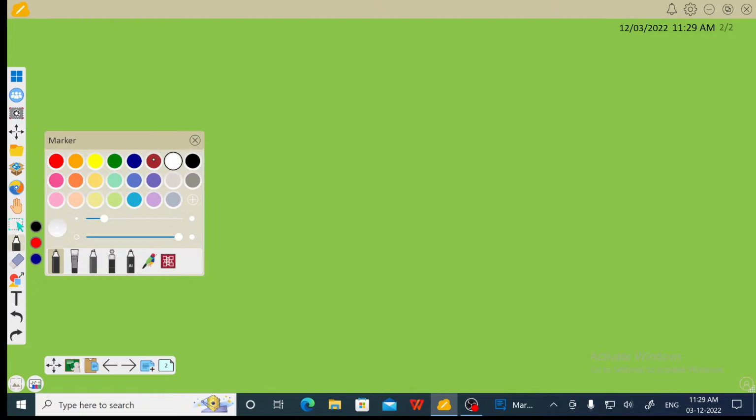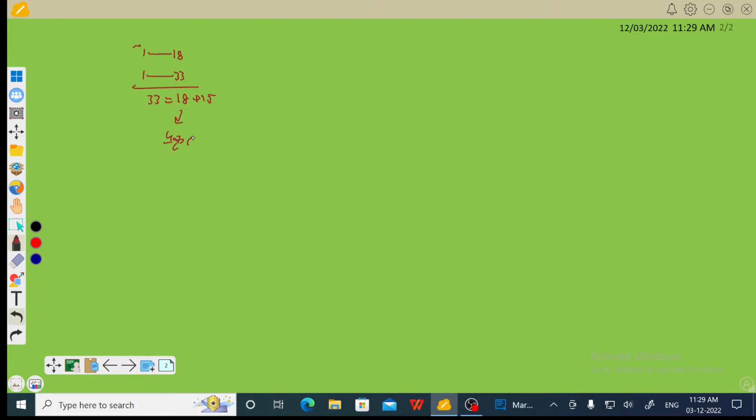Now we are having 1 to 18. Its factors are 1 to 33. 33 makes it 18 plus 15. This is called Prakriti and this is called Pratyay. These are knowledge, and it is the nature.